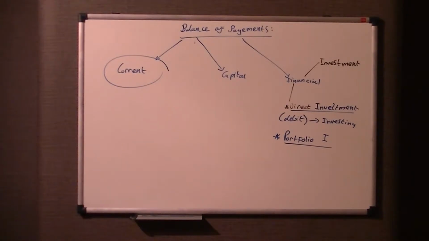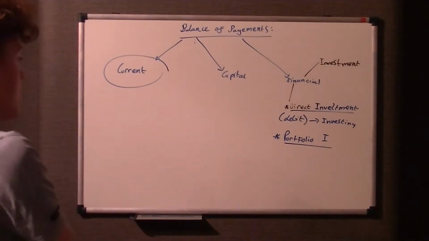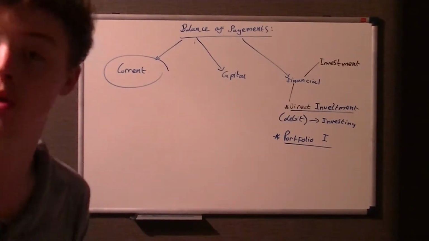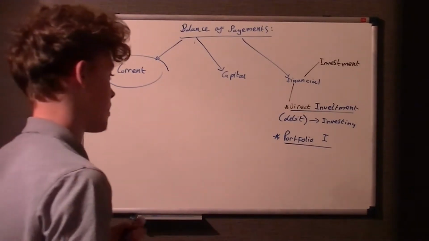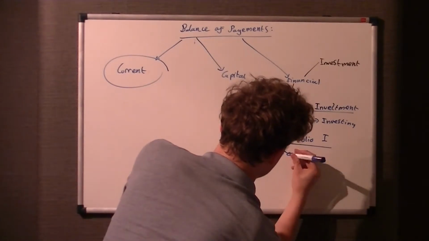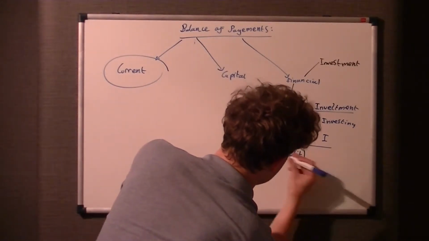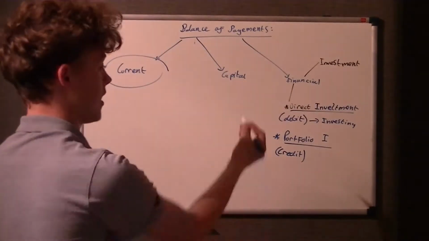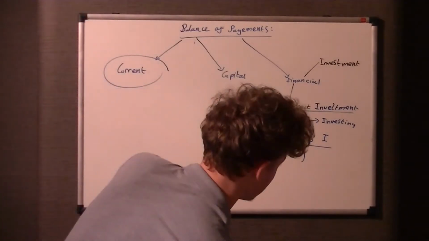So it's basically, it could show either UK residents investing abroad or foreign companies investing in the UK. Sorry, just trying to sum that up a bit better. So this is a credit, and it will give a positive reading for the financial account in terms of the balance of payments.